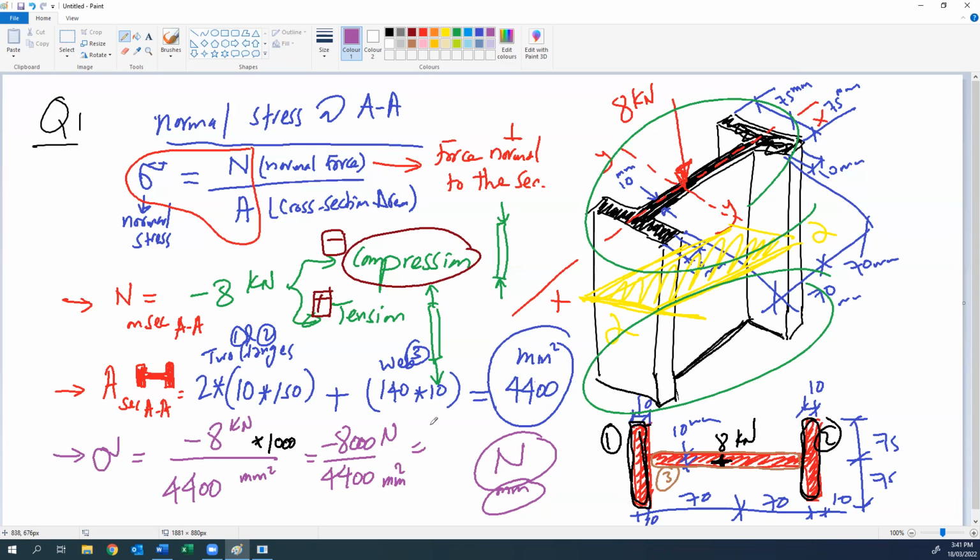This gives us the final result of the stress, which will be negative 1.818 Newton per millimeter square. Okay, is this answer correct? Do you have any problem with this one?